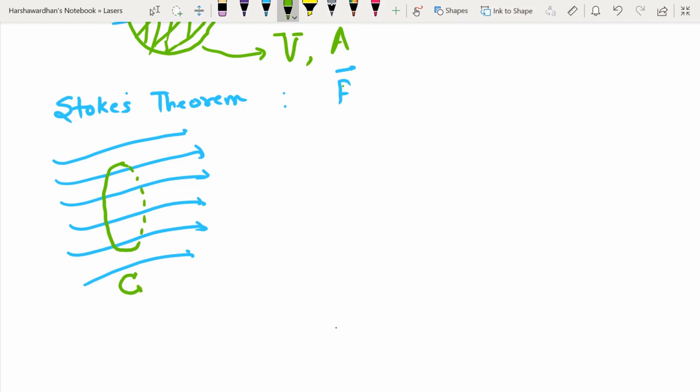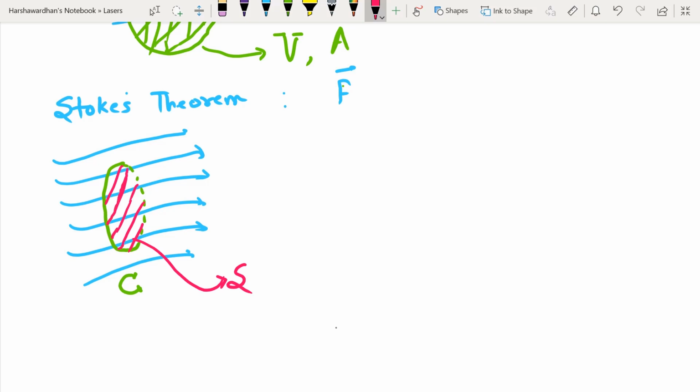This closed path itself can support, for example, a surface. So imagine I consider a surface S. This surface is such that it is an open surface in the sense that it doesn't contain within it a volume.